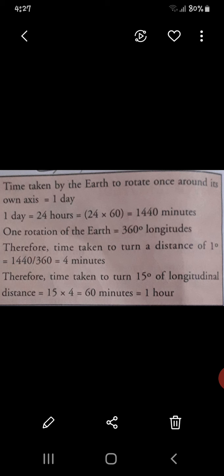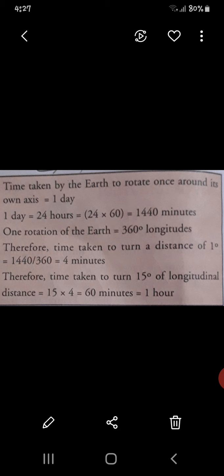Therefore, the time taken to turn a distance of 1 degree, again we have to divide, that is 1440 minutes divided by 360 degrees. So we get 4 minutes for 1 degree.